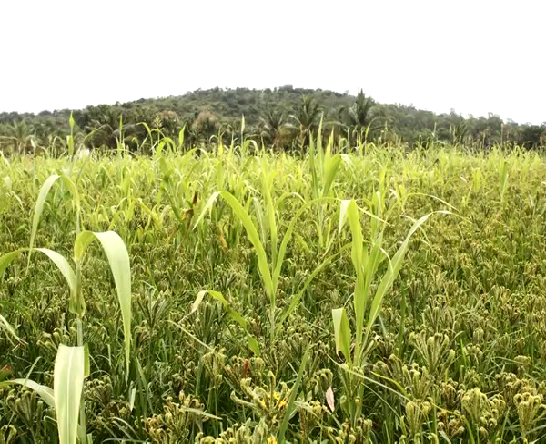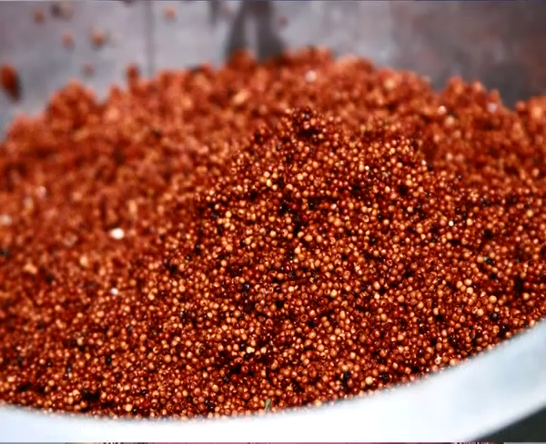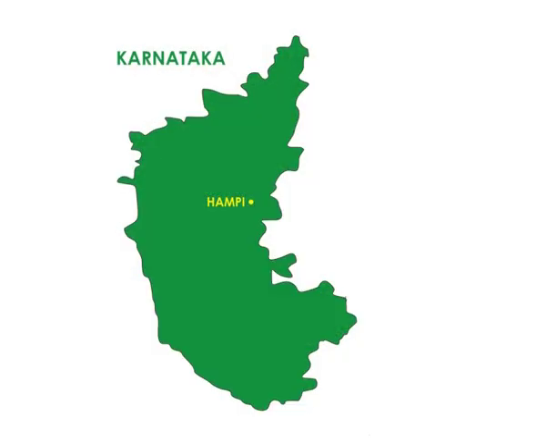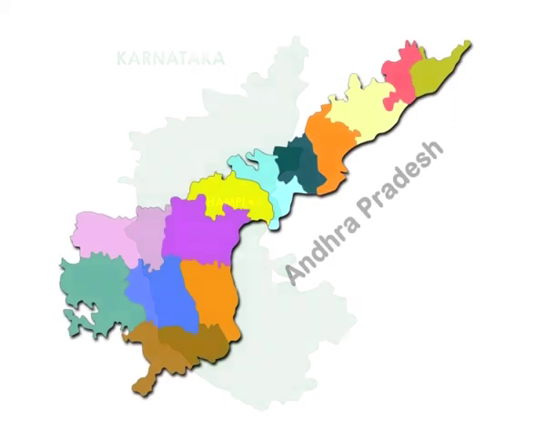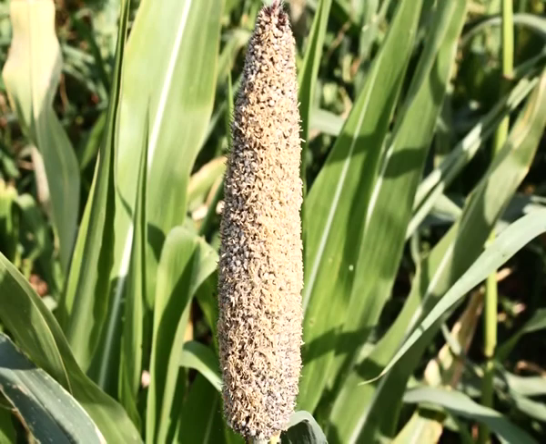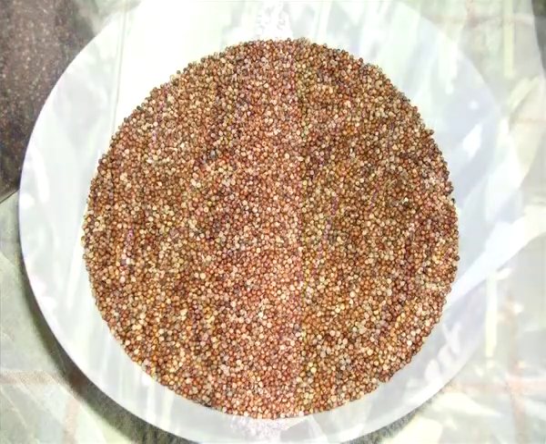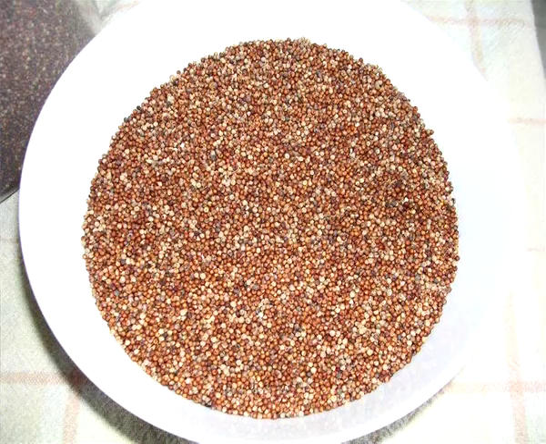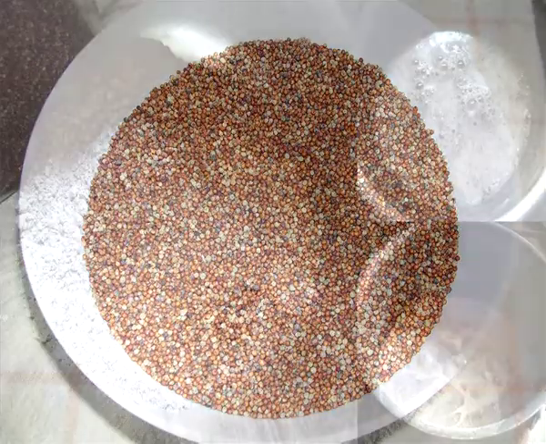Now, we consume first and foremost the finger millet, which is ragi. Now, this ragi is grown and eaten very popularly in states of India such as Karnataka, Andhra Pradesh and Tamil Nadu also, and it is eaten in various ways. This ragi provides a high amount of energy because it also contains starch. It is a good source of protein.